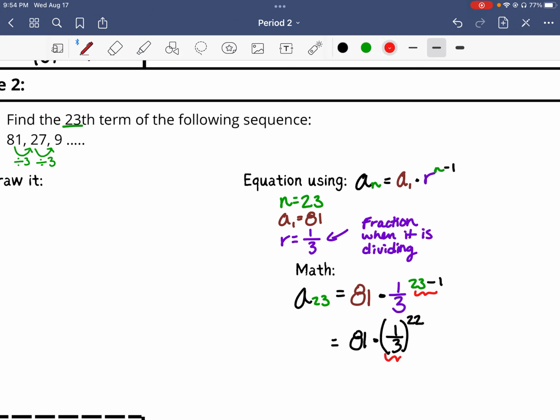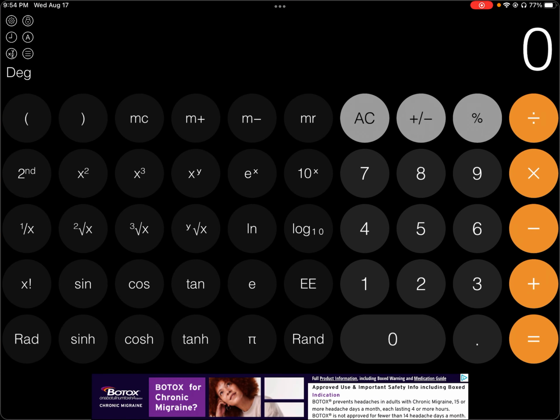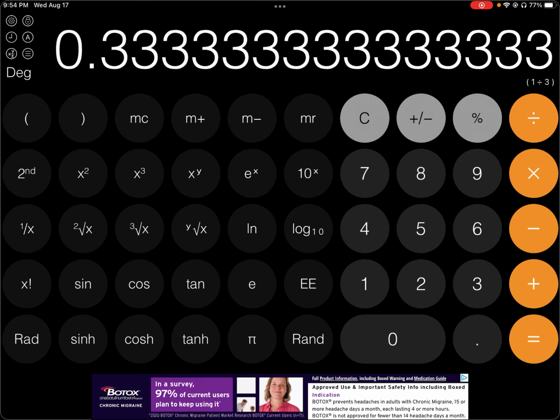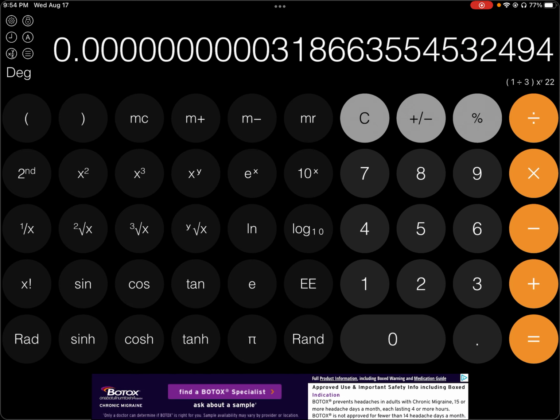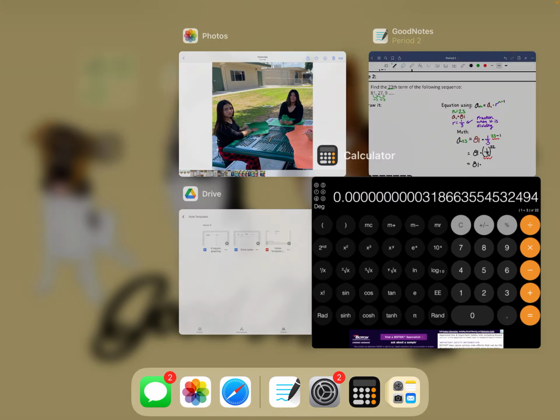Now I'm going to take the actual exponent with its base. I'm going to bring 81 down, and on my calculator, I'm going to put my parentheses, 1 divided by 3, then hit my exponent button and put 22. That is a very, very small number. Remember, we have to multiply it by 81.